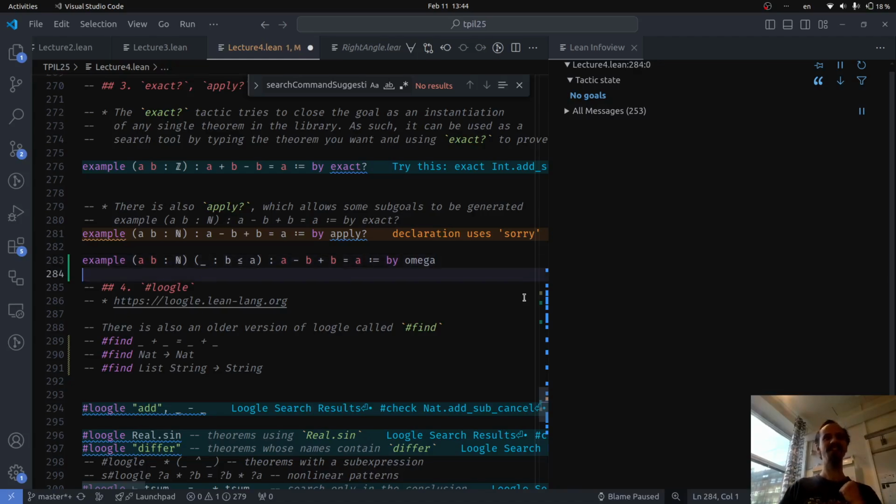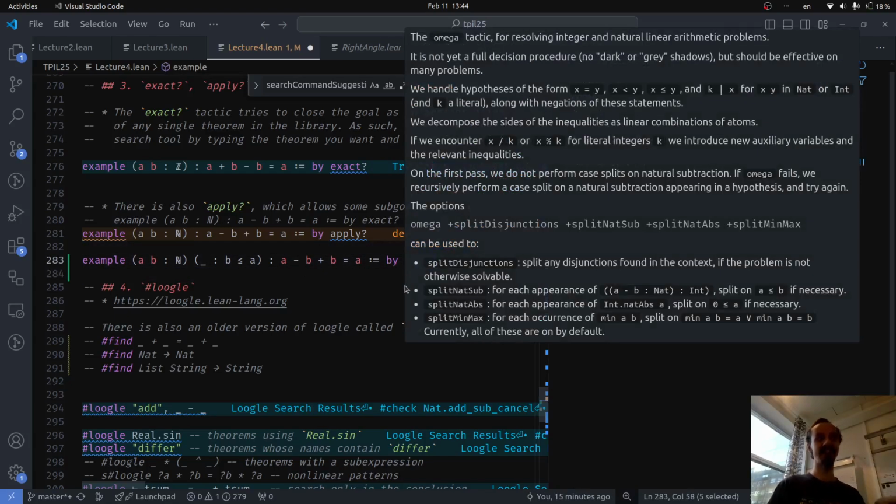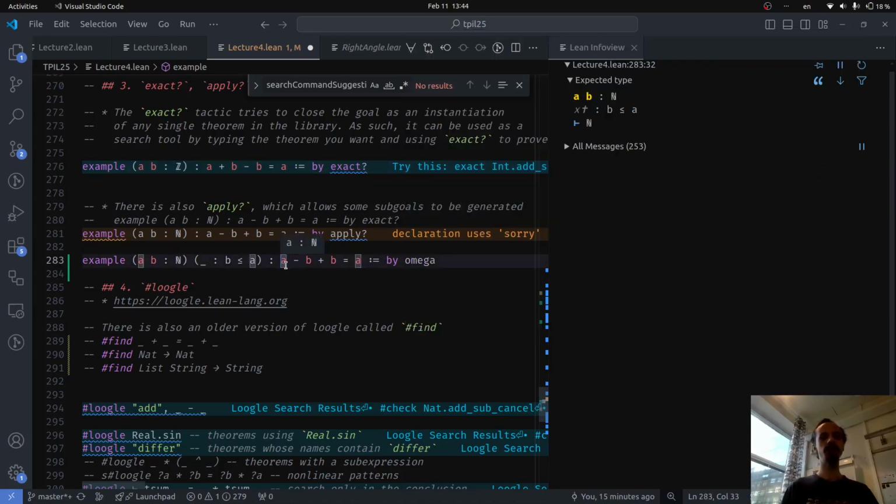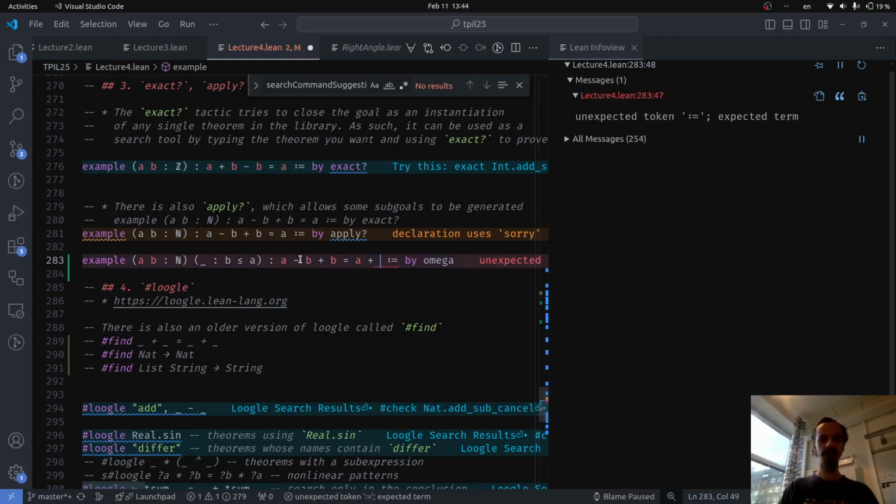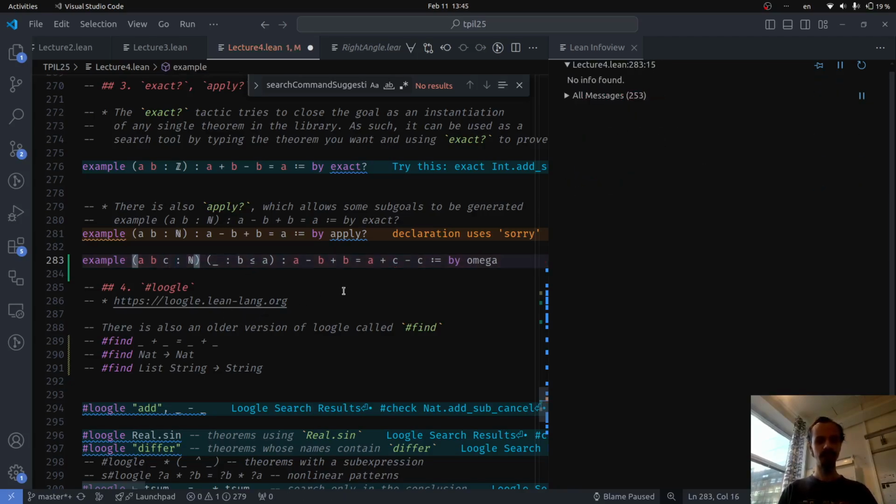It's a little bit different thing, exact. That's true. Yeah. So hint is suggesting tactics. Exact is suggesting theorems. So if I have something more interesting, like this, I think omega can get this, but I think exact probably won't.